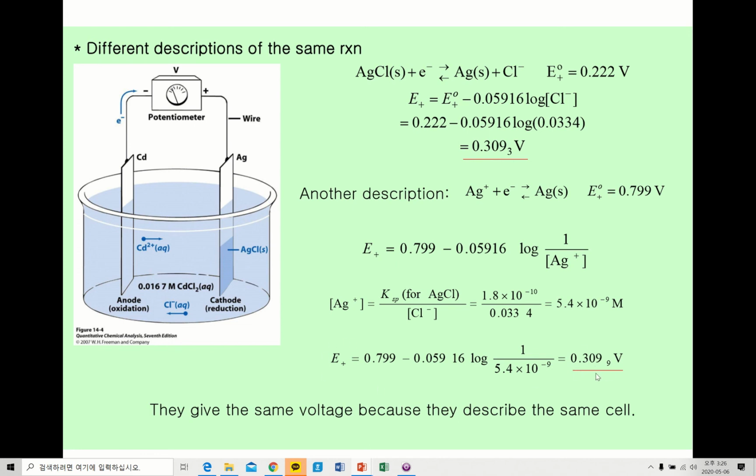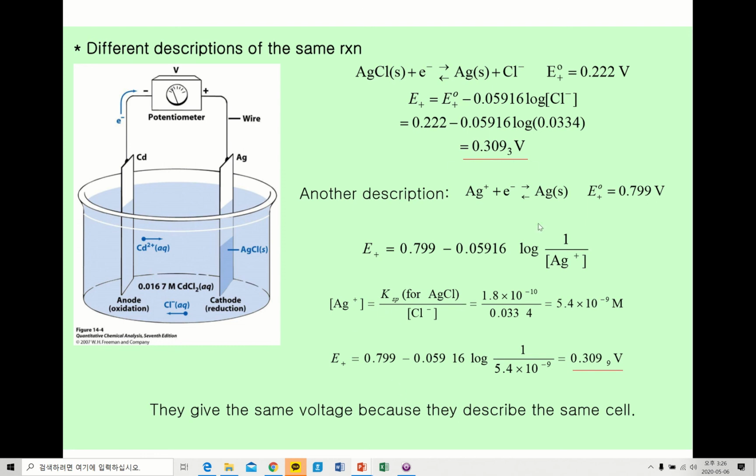Cathode potential 0.3099 volt. There is a very small difference. That difference arises because of the uncertainties in Ksp. Do you understand? It's very useful. Or you can consider this reaction in reverse, which means that once you know the electrode potential of a silver electrode, then we can calculate Ksp.